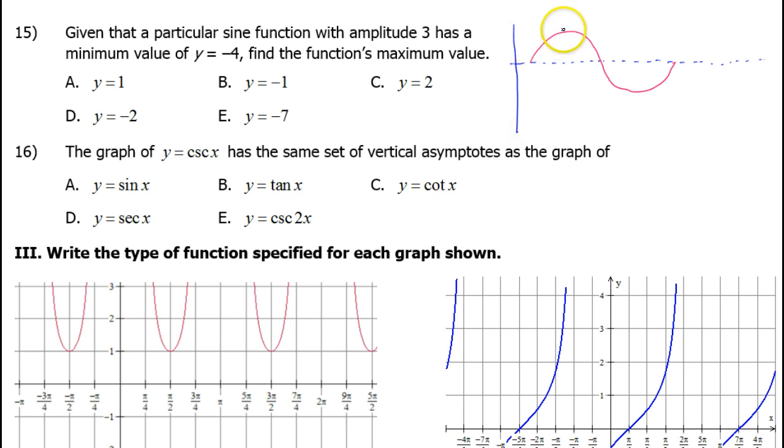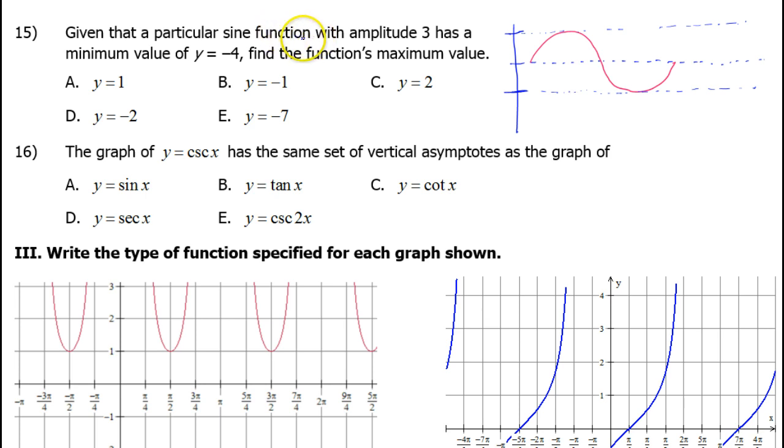I'll worry about that later. Right here where the top is, I'm going to put a mark, and right here where the bottom is, I'm going to put a mark. So those are my guidelines, the midline and the high and the low.